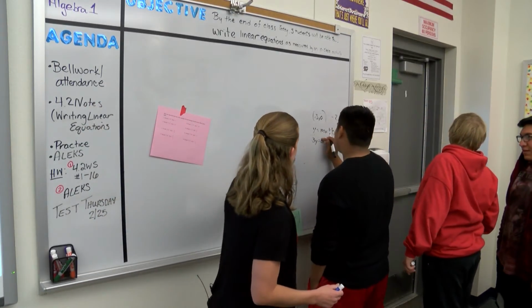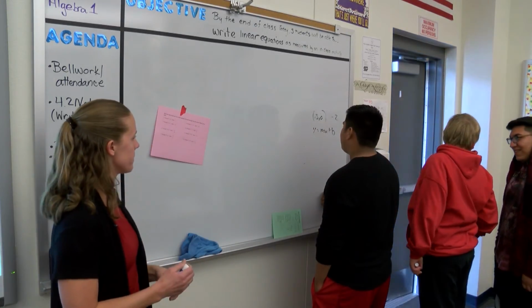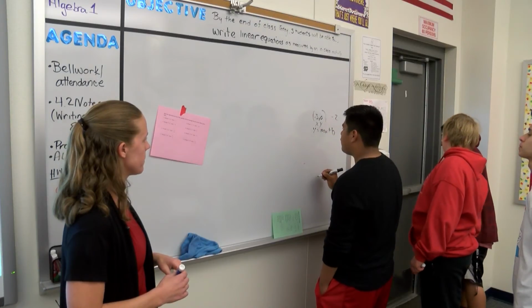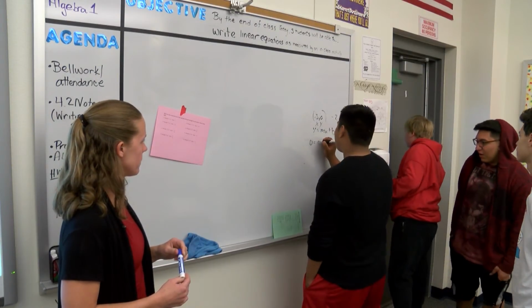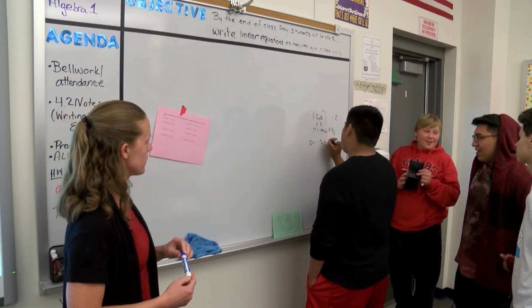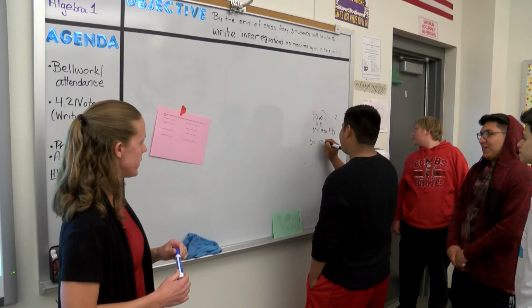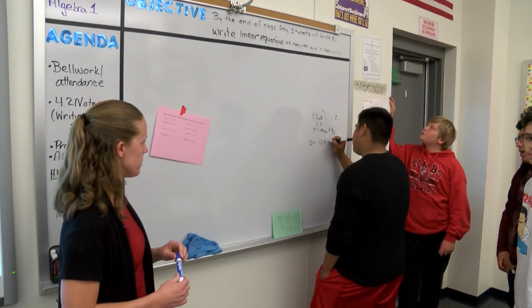Okay, hold on, time out. Label your x and y. Which one's x, which one's y? Oh yeah, 0 equals mx, what's your m? -2. So negative 2 times negative 3 plus b.